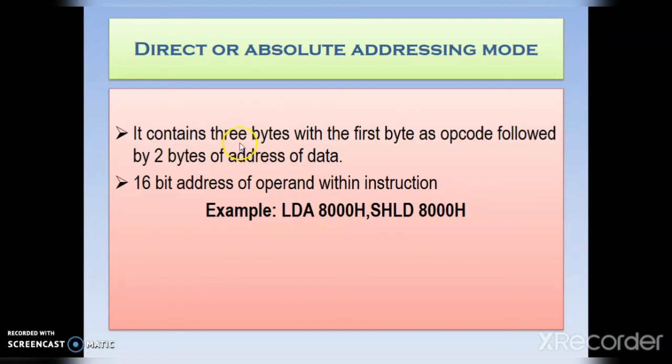In 3-byte instruction, the first byte is opcode followed by 2 byte of address, that is lower byte of address followed by higher byte of address. I already explained this concept in 3-byte instruction. For LDA 16-bit address, we have specific hexadecimal code. For example, I am considering this LDA 8000H, the corresponding hexadecimal code is 32 means.